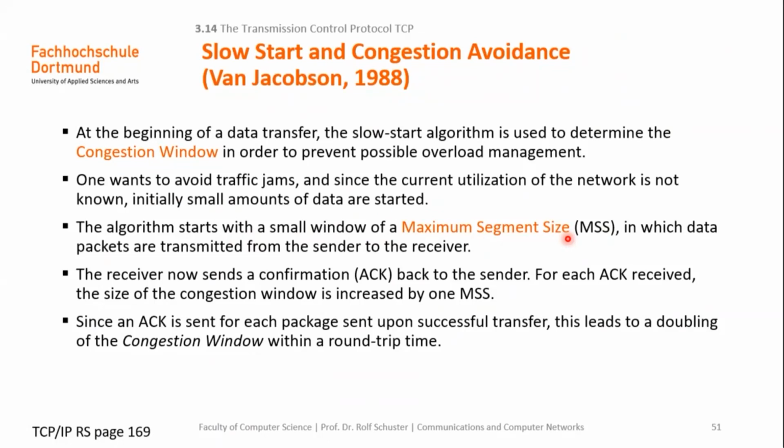Since an acknowledgement is sent for each packet upon successful transfer, this leads to a doubling of the congestion window within a round trip time. We will see that detail in the behavior of the TCP protocol.